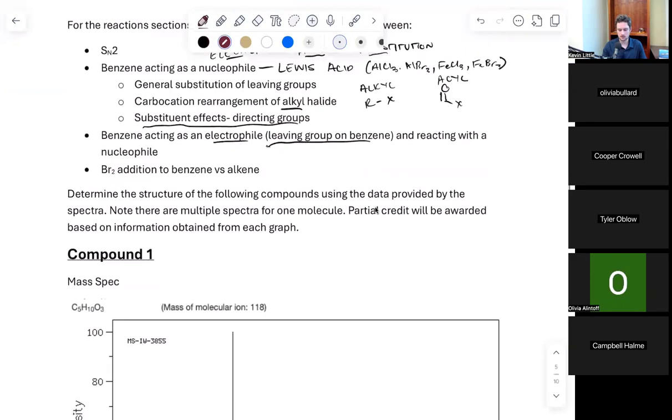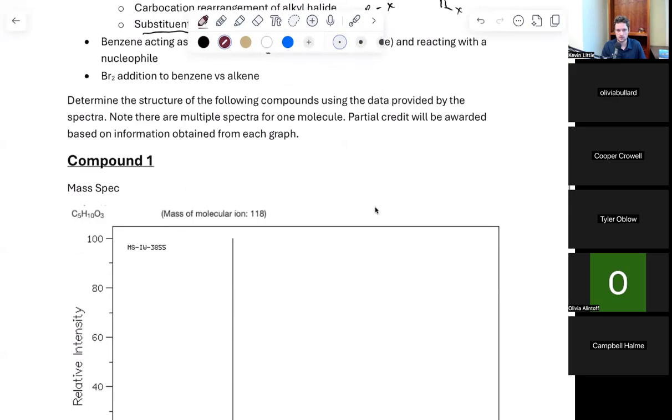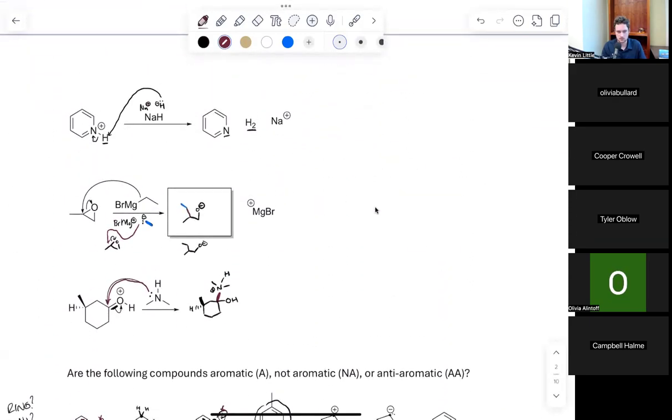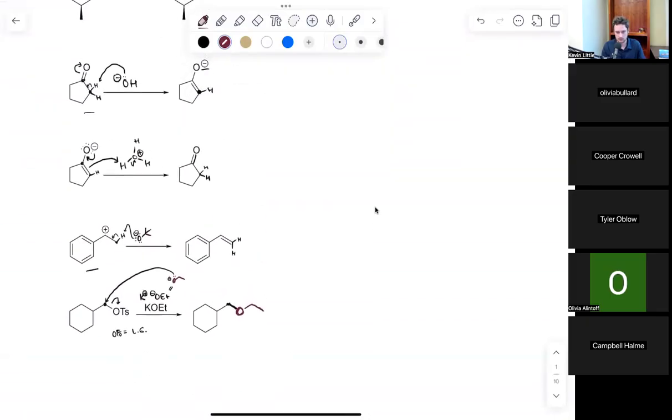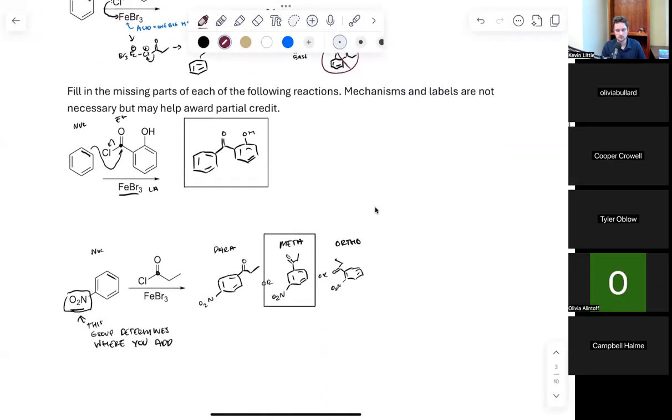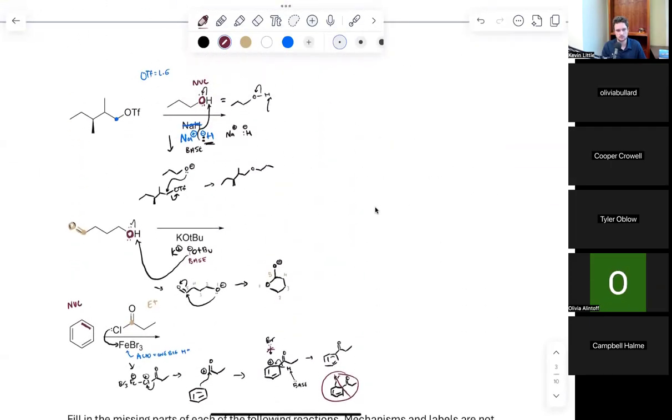I'm not going to throw in an elimination yet. We will get there, we will review eliminations. But for now, the only time you'll see an elimination directly is in an arrow pushing question. I won't give you an elimination for these reaction questions yet.